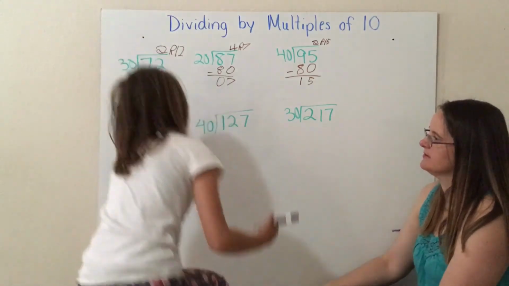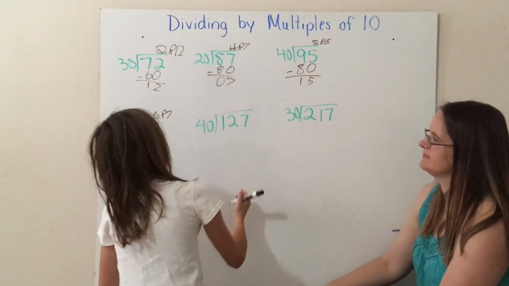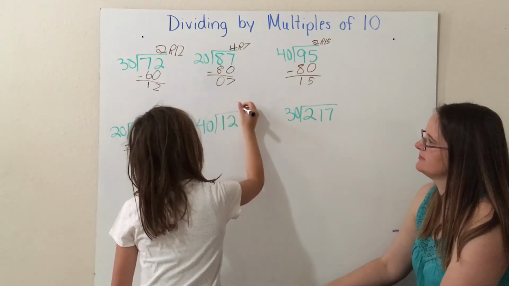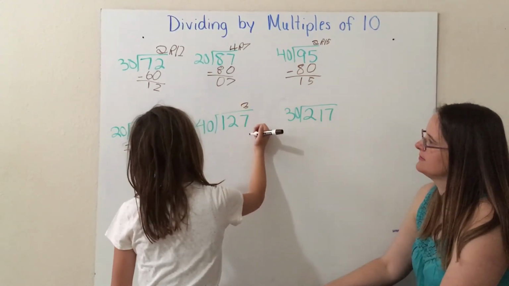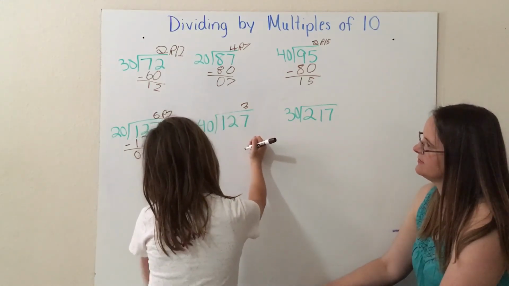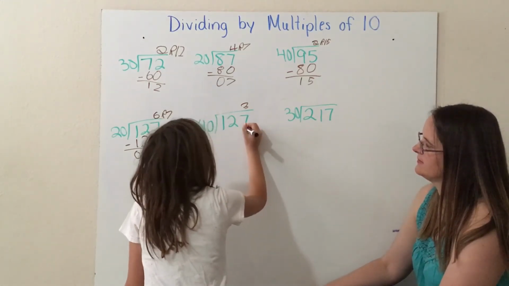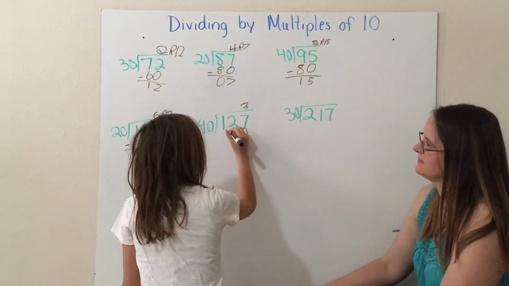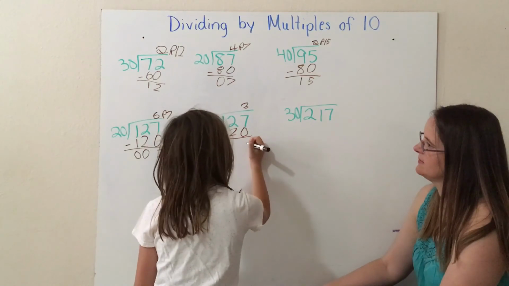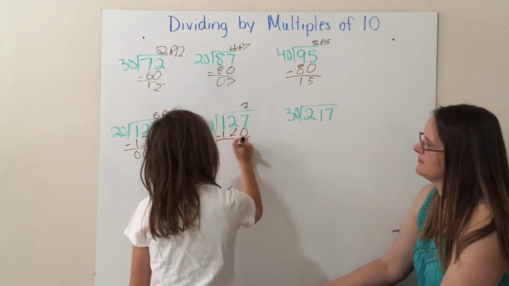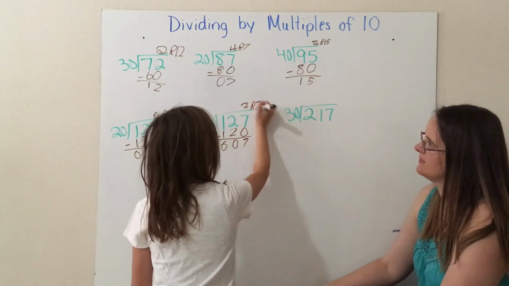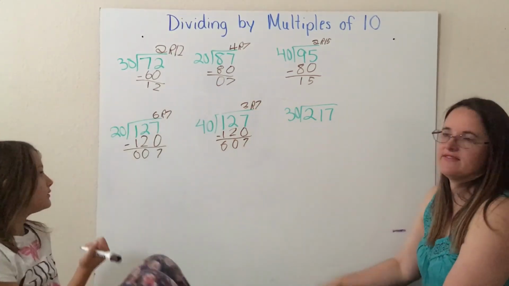Try this one. Three remainder 7, absolutely.